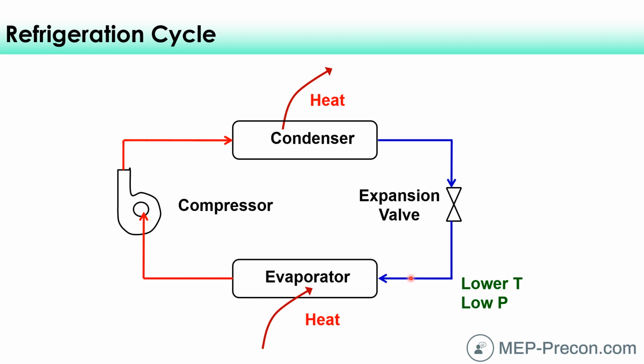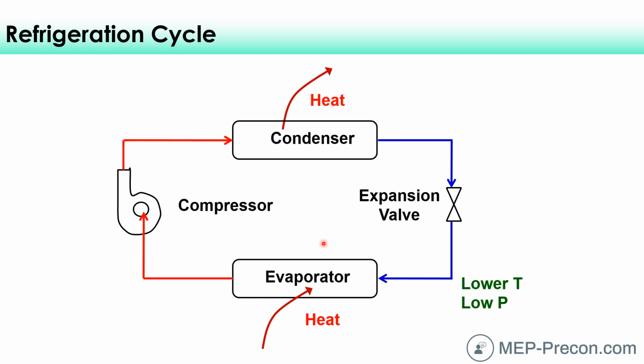And so it's really cold, and it's going to enter this evaporator, which is the indoor coil of our air conditioning unit. This is what we blow air through in order to cool that air off and blow that cool air into our space, to be able to enjoy a nice cool environment if it's hot outside, or if it's hot inside, if we have a lot of lights and people creating a big heating load.